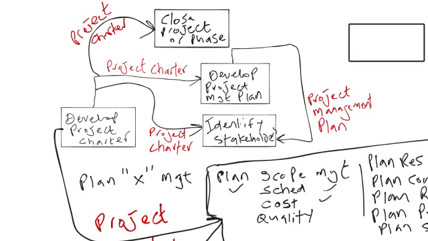defining scope. So I'm just going to have two boxes here, one for define scope and one for collect requirements. And just imagine again a loop going all the way from here into this and that.